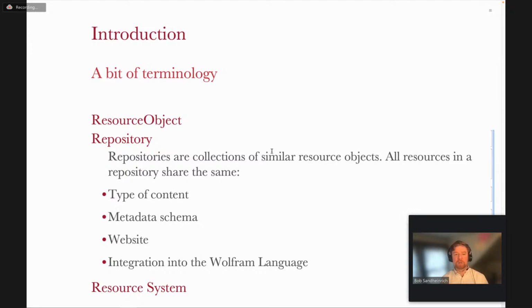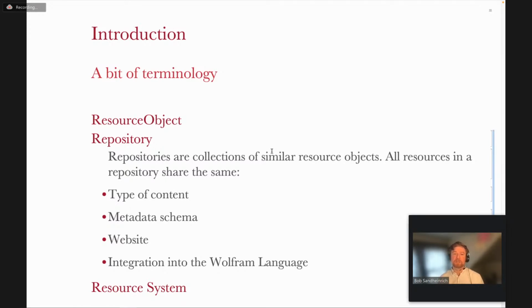And all resources in a repository have a consistent metadata schema. So the fields in the metadata for a neural network might be different than for a function, but within one repository, like the function repository, all of the metadata is consistent. Each repository has a website where you can explore the content and learn how to use it.